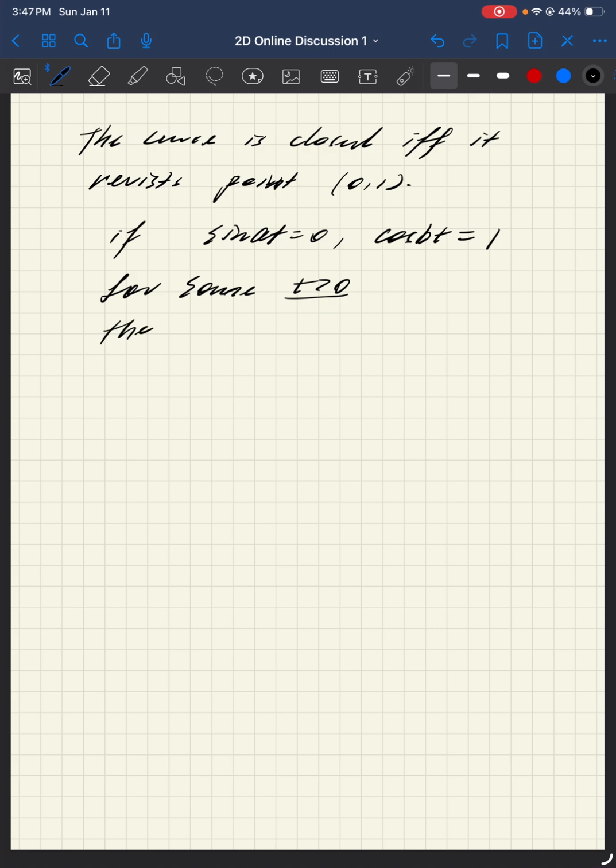Then it must mean that at is an integer multiple of 2 pi. at is equal to 2 pi k for some integer k, and bt is also 2 pi l for some integer l.